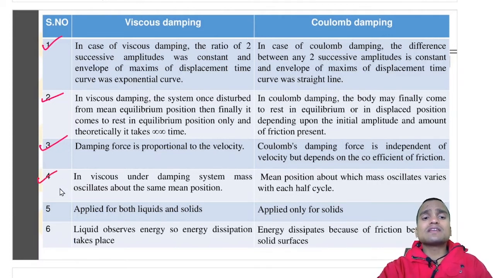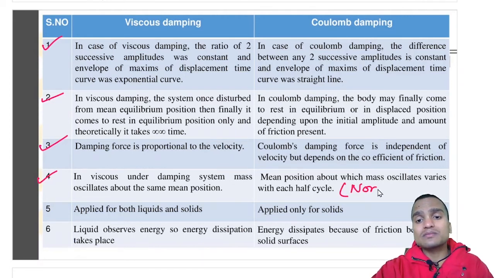Now, next difference: in viscous damping, the mass oscillates about the same mean position, and in Coulomb damping, the mean position about which the mass oscillates keeps varying with each half cycle. That's why this is a non-linear system. The mean position itself is varying.